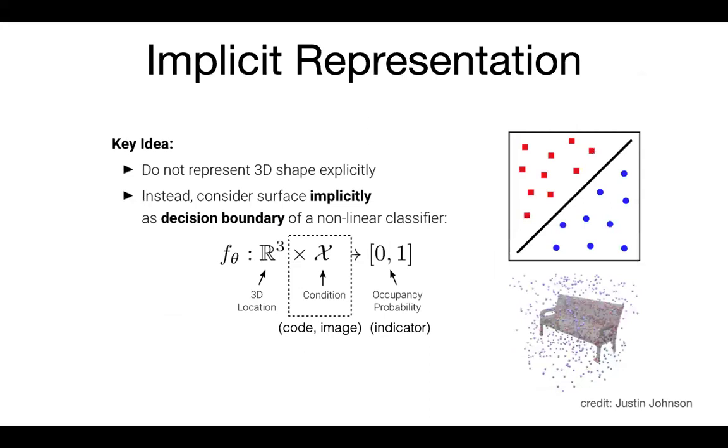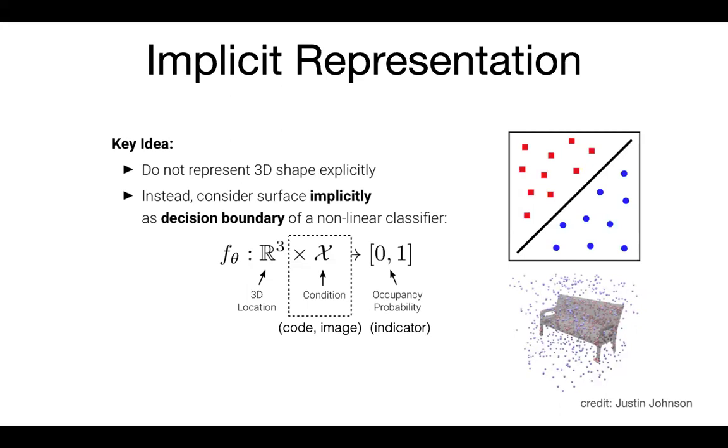And the implicit representation as a neural network is going to compute this decision boundary using a neural network. Also, in that sense, it is implicit because it does not represent the shape explicitly. It represents the shape implicitly through this classification function.